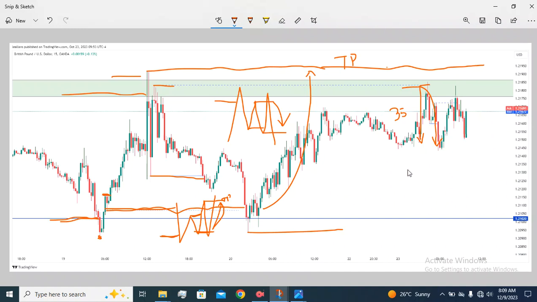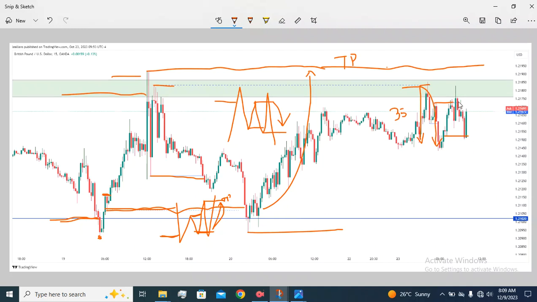How much would 35 pips have earned you? Is 35 pips not enough for you? And for this one right here, we took your trade here and maybe you left your trade here. How much would that have been?